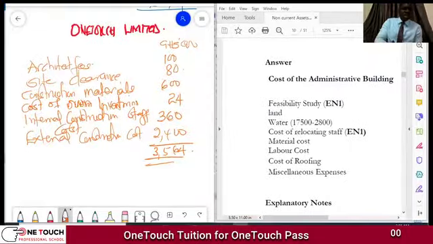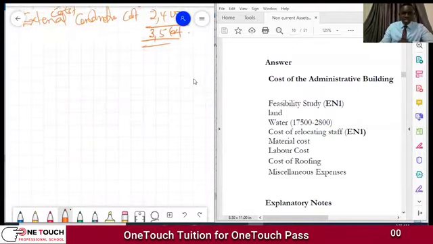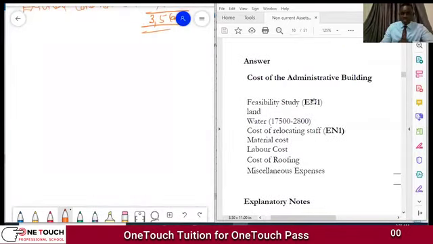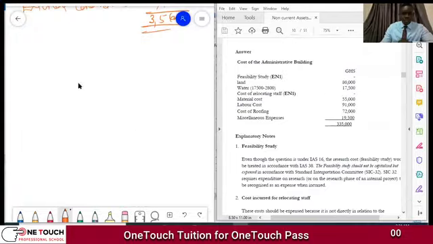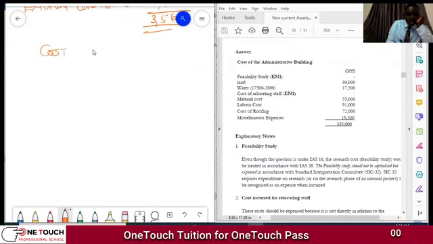Good. So here, let's reproduce this. So we have the costs of the administrative building.